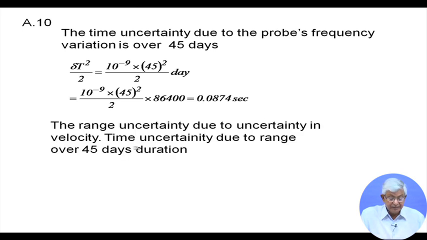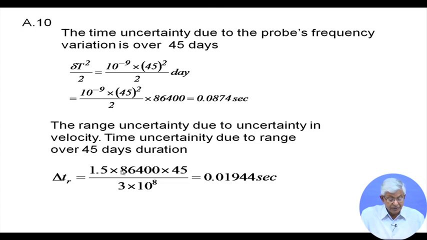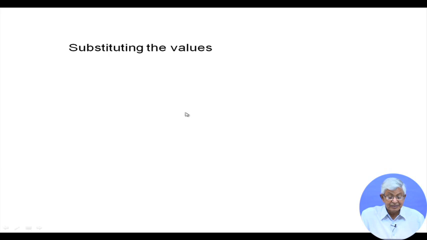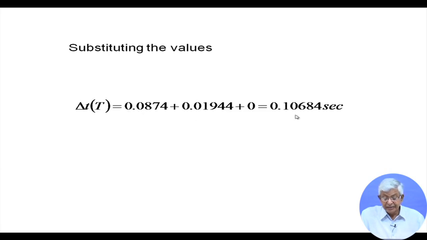Range uncertainty is the uncertainty due to velocity, 1.5 meters per second it was changing. So, for 45 days in terms of seconds, it will be 0.01944 second, and the initial time offset was 0. So, adding these values, we get 0.10684 second, for which the appropriate option is B.